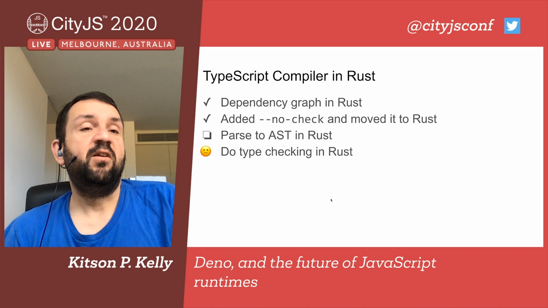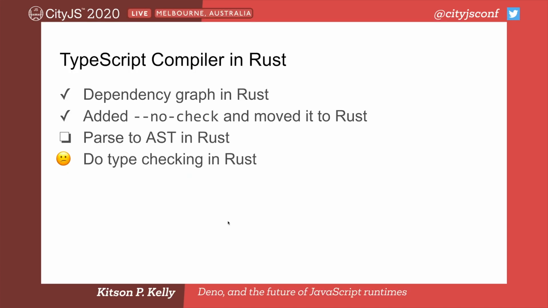I ended up drawing up a roadmap of how I saw us doing more and more in Rust. And over the last few months, we've started to chip away at that, and it's really improved things quite a bit, and has sort of proven out that while the TypeScript compiler being written in TypeScript makes a lot of sense for the development of TypeScript, there's some really heavy lifting that can be done much more efficiently within Rust.